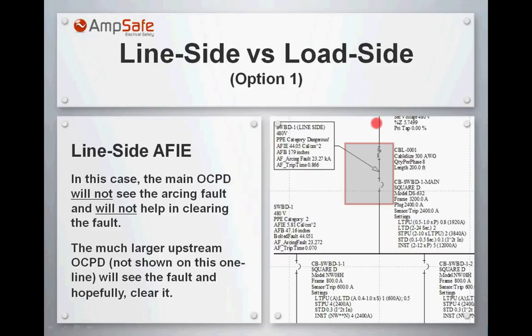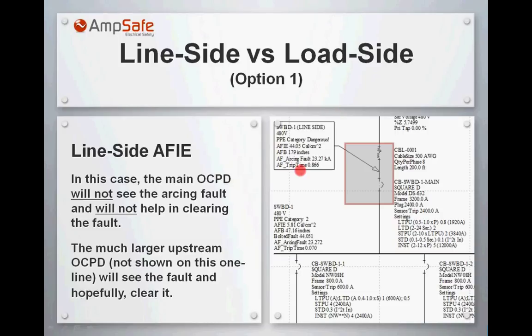Maybe you have a transformer here, and between the transformer and this switchboard there is no protection, so you have to go up to the primary side to obtain that protection with a fuse. So it might be much slower than if you have an arc flash at the load side.